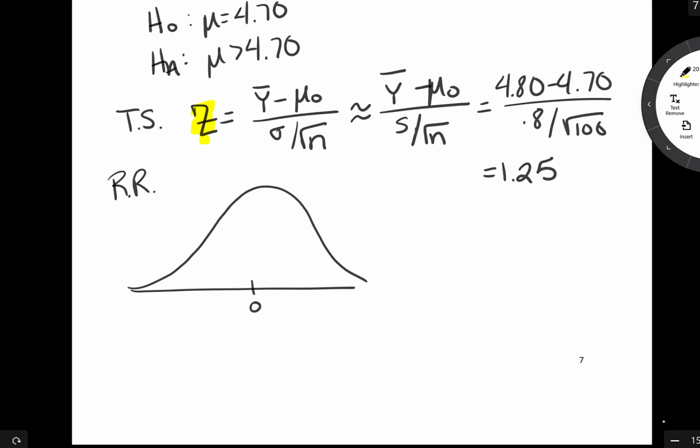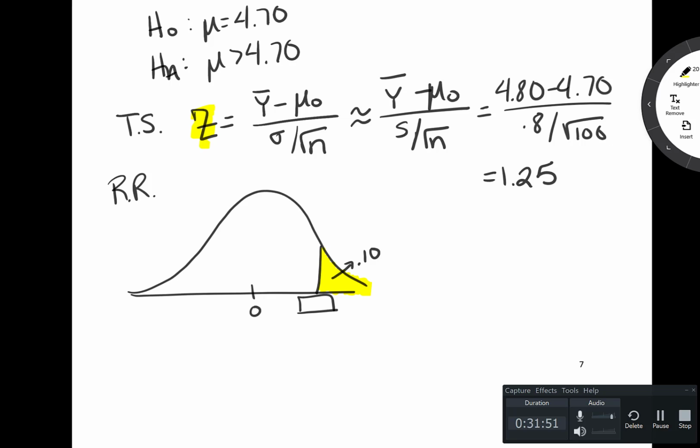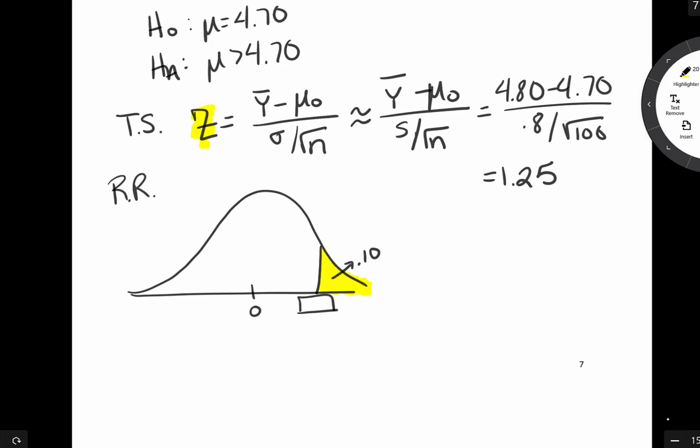So in order to find our rejection region, in our normal distribution, we've got a one-tailed test. We're going to put area 0.1 here. And then our rejection region is going to be defined by what this endpoint is right here. We can use software to help us find this endpoint, and it ends up that this endpoint is equal to 1.282.